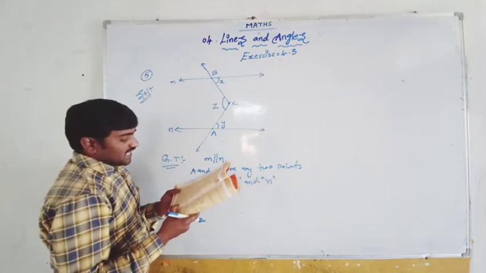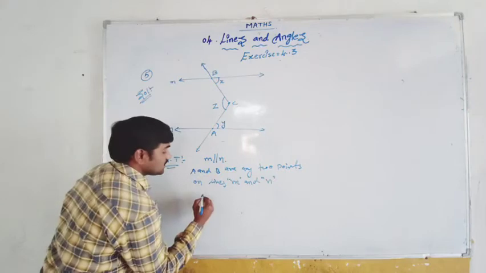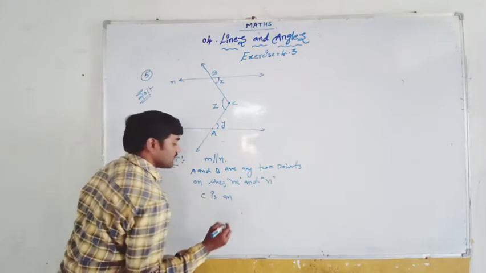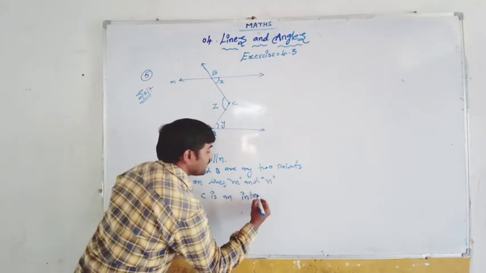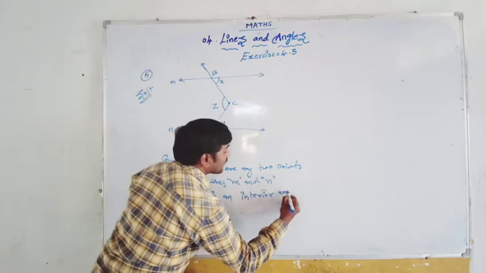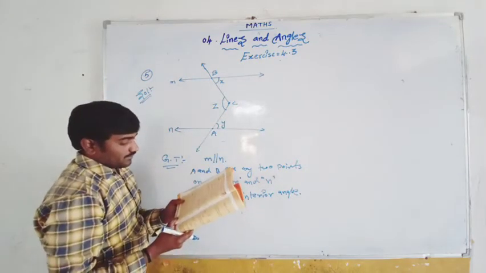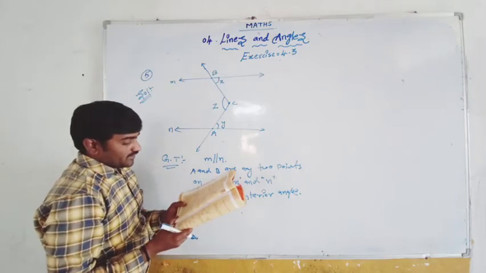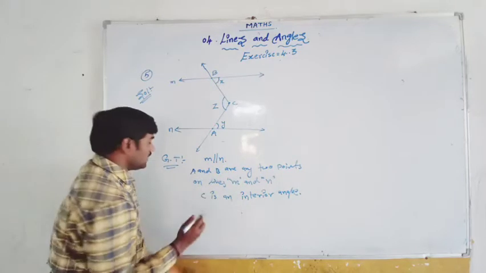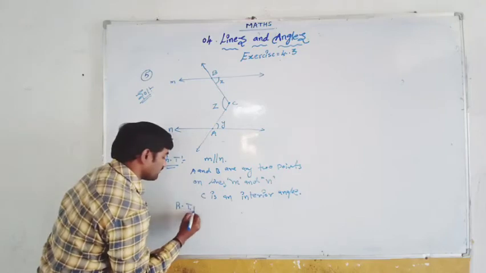Then C is an interior angle between these two lines.